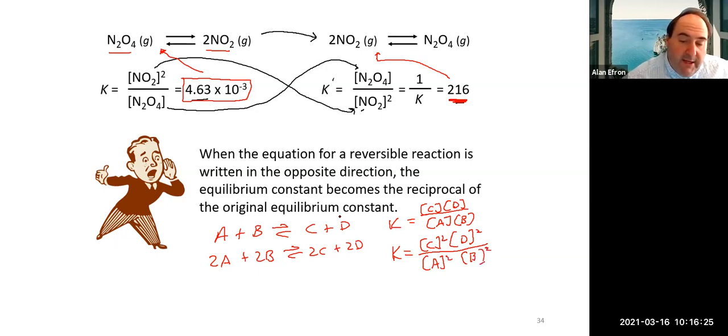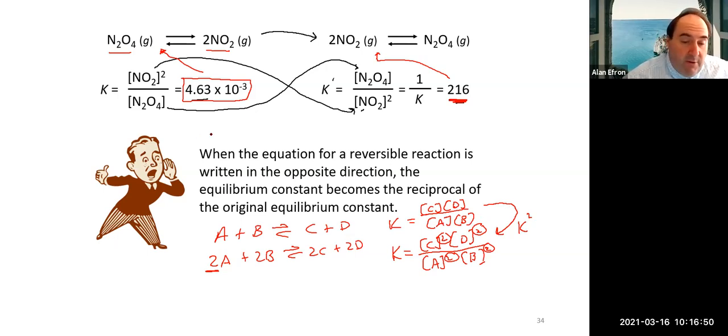So what actually happened to our equilibrium constant as we went from here to here? Well, I multiplied by 2, and I essentially needed to square everybody. So the K value got squared in that case. If I multiplied by 3, it would be cubed. If I multiply by 4, you would take it to the 4th power.